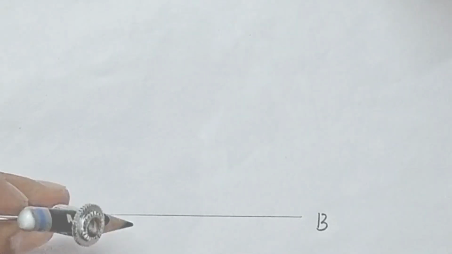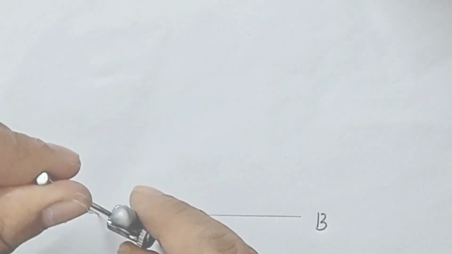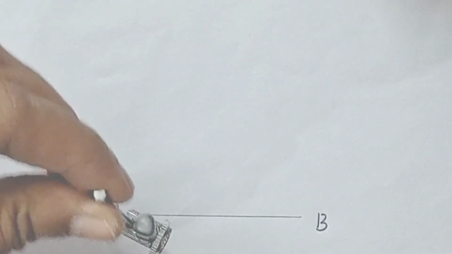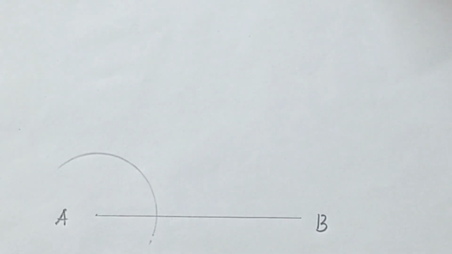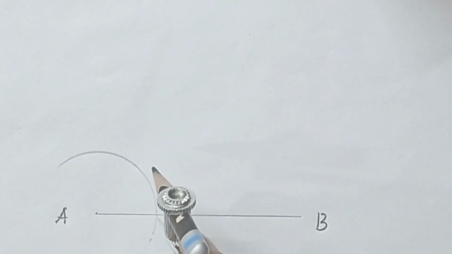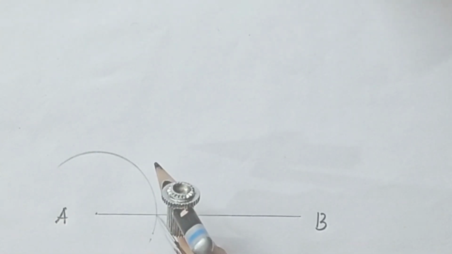Now we consider A as the center, and with any radius we draw an arc, and without changing the radius we draw another arc from the point of intersection of this arc with the baseline.